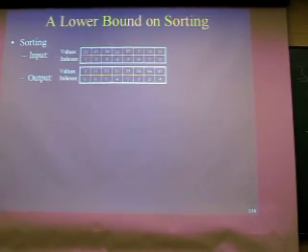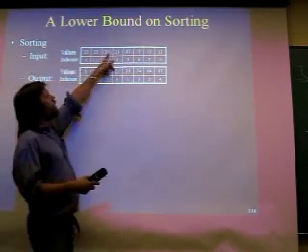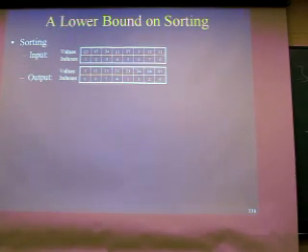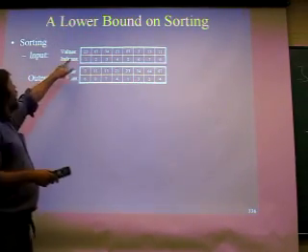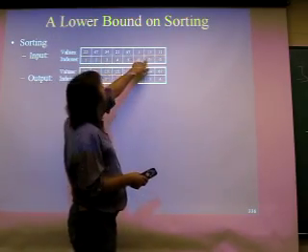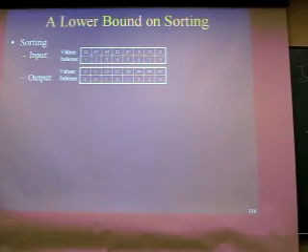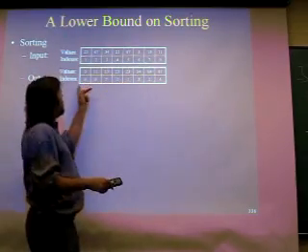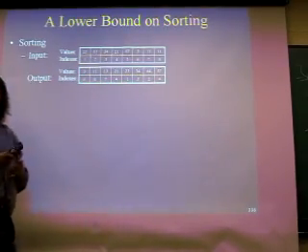So, sorting. Let's remember what sorting is. The input is a bunch of numbers. And just to make our life a little easier, every number comes with an index. The output is that you sort them, and the indexes get sorted along the way.